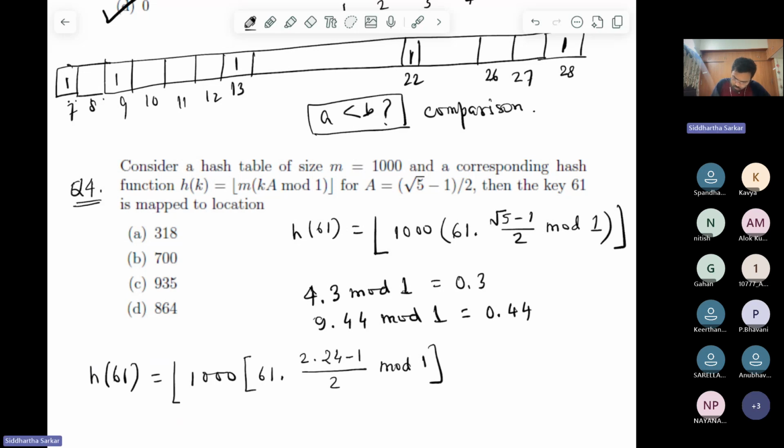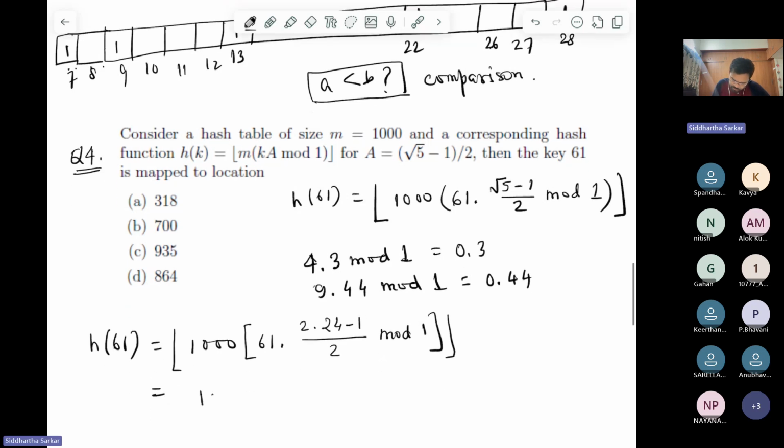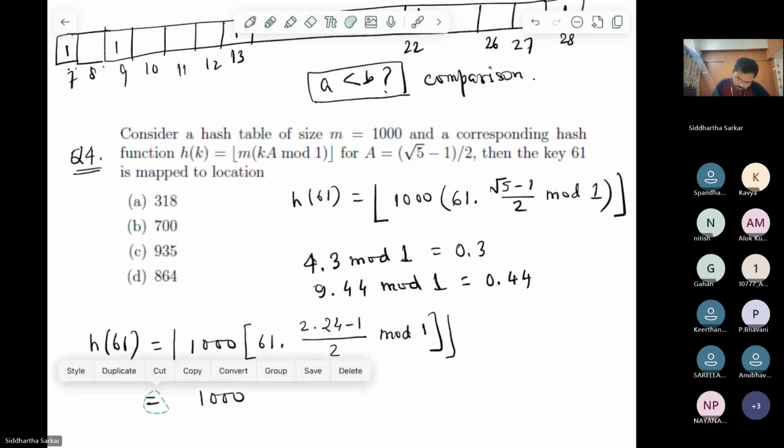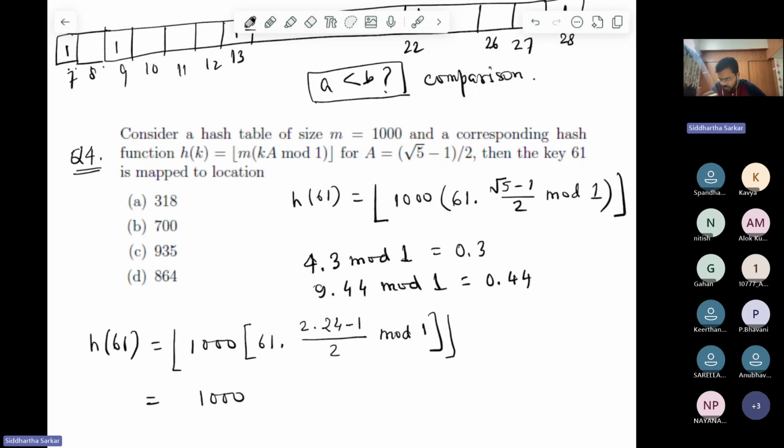This thing is a float. So 2.24 minus 1 is 1.24, and 1.24 divided by 2 is 0.62.